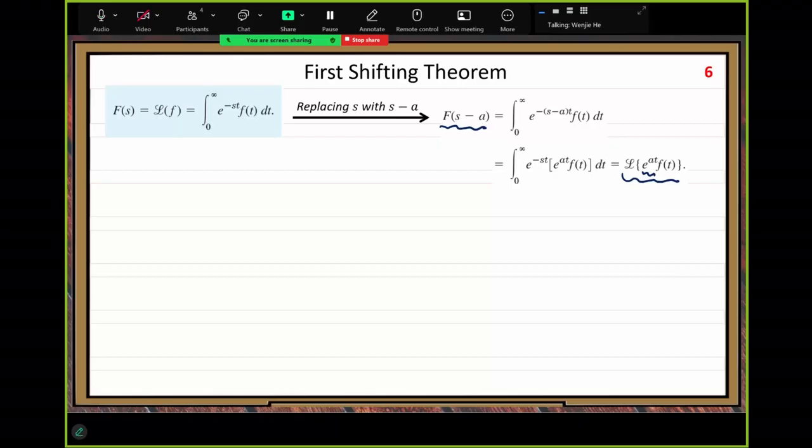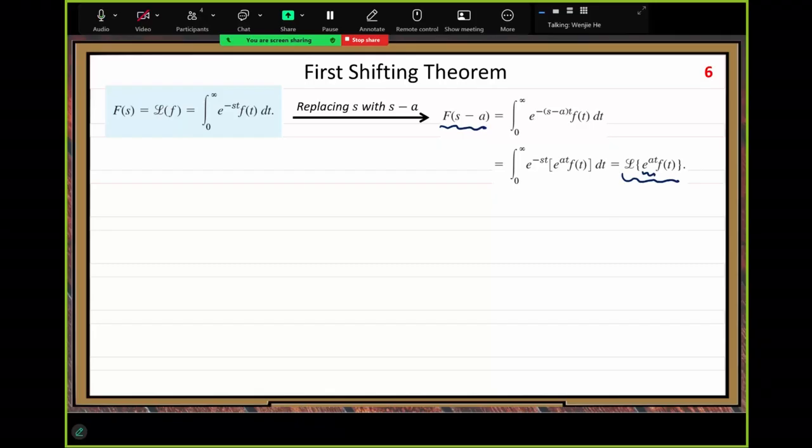If you compare the graphs of these two functions, one is a shift along the x-axis by a units. Minus a, you shift to the right by a units; plus a, you shift to the left by a units.